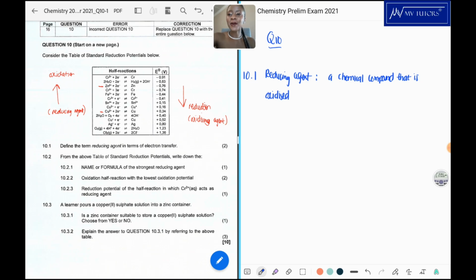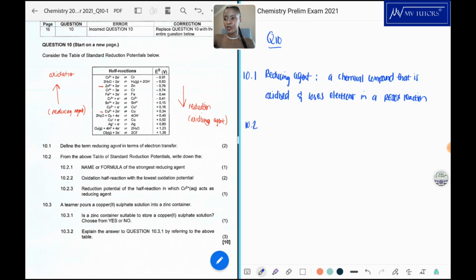Yeah, it is a chemical compound that is oxidized and loses electrons, not losses, loses, electrons in a redox reaction. But the whole thing of a reducing agent is basically loses electrons. That's what they really wanted.